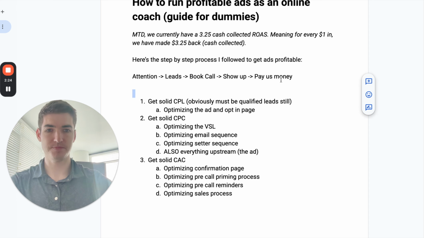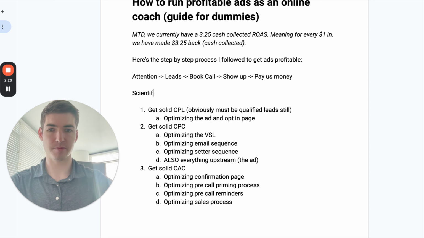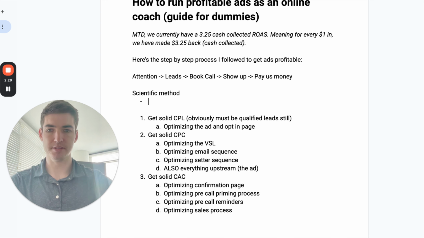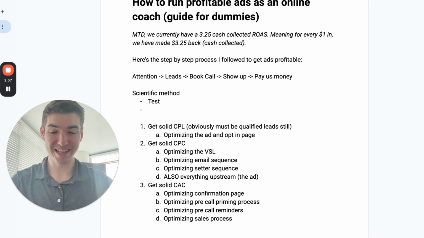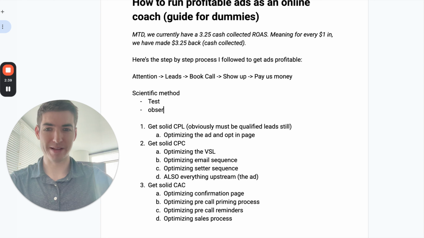For all of this, all I'm doing is the scientific method. What that looks like is we test something, and then we observe metrics. This is basically looking at different metrics.